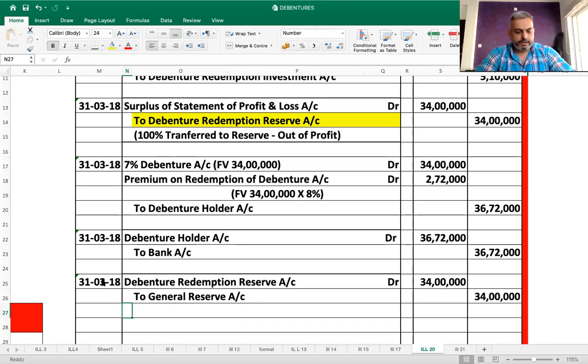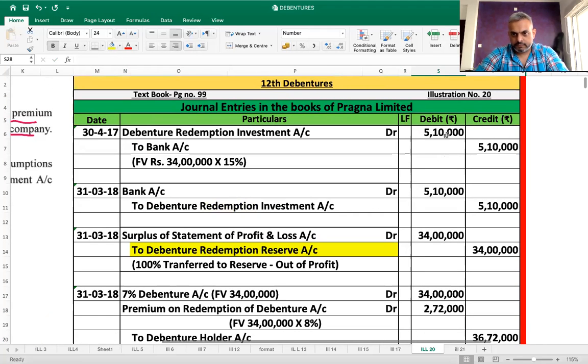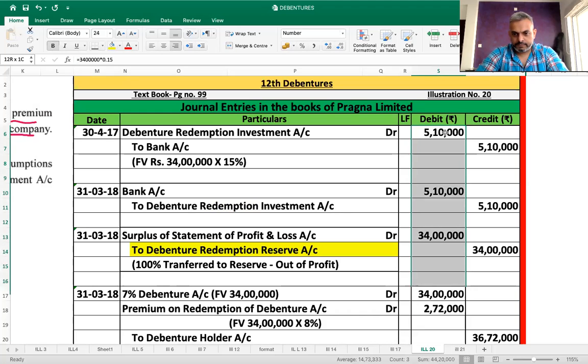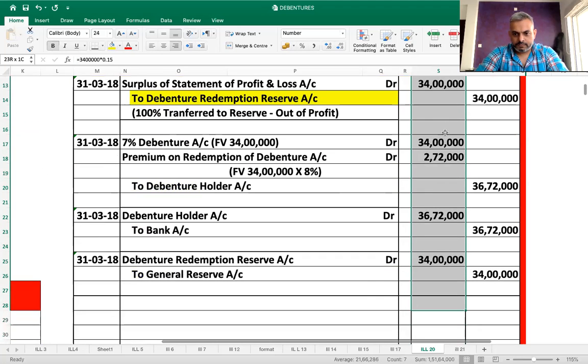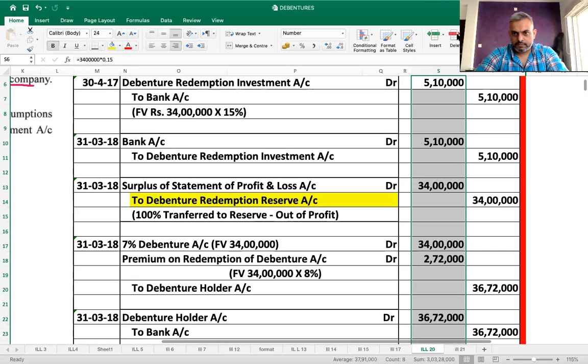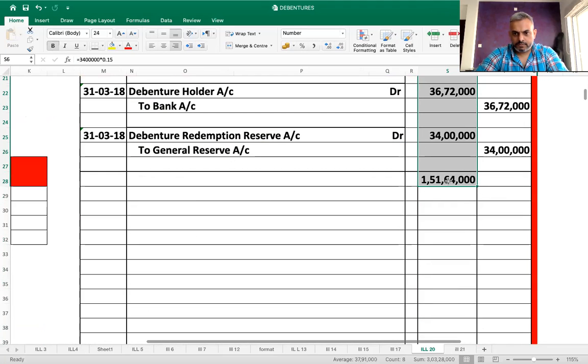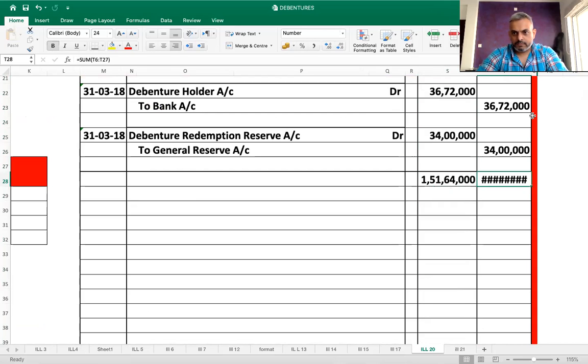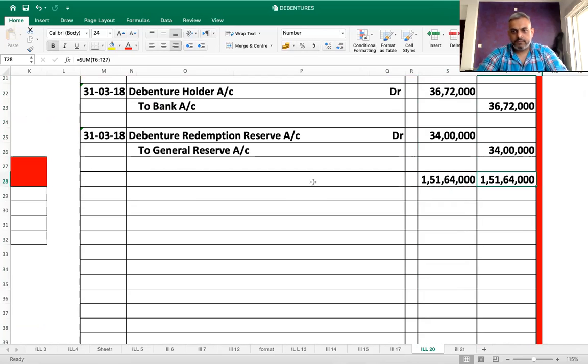So close it and close the sum and do the totals. Double underline.